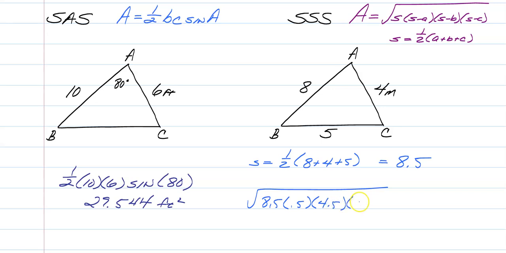And then, of course, 8.5 minus the other one, which is going to give you 3.5. Type all of that into your graphing calculator, and it's going to give you, again, the answer. It's 8.182. We're going to 3 decimal places for this. Meters squared, and that's that. That's how simple this is supposed to be.